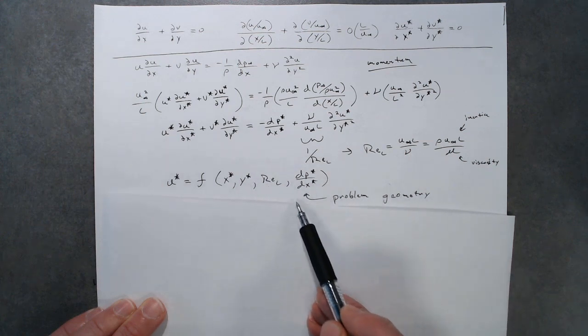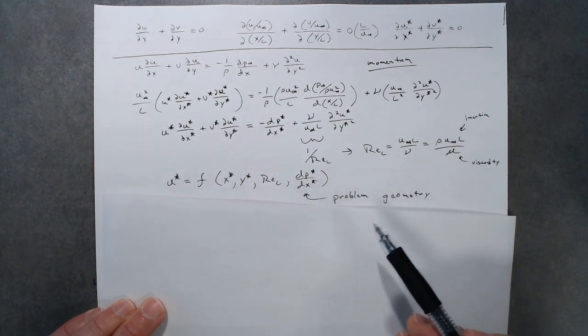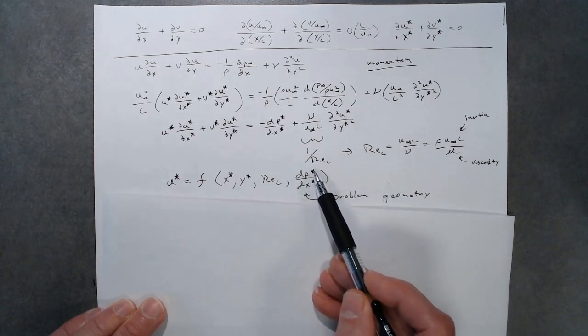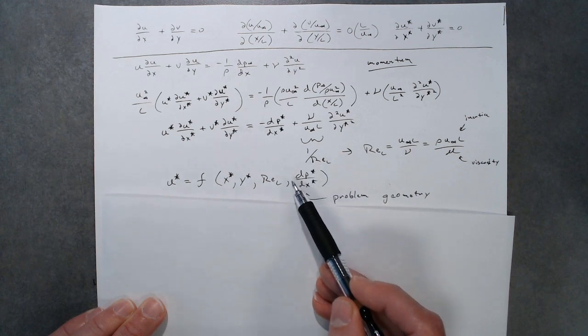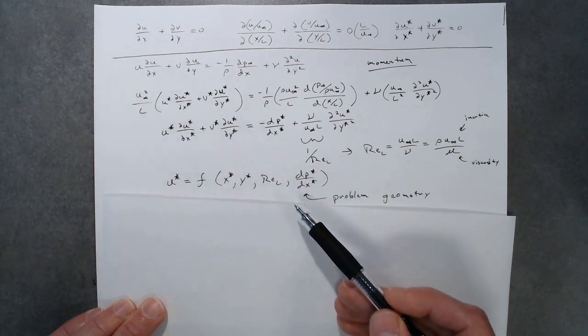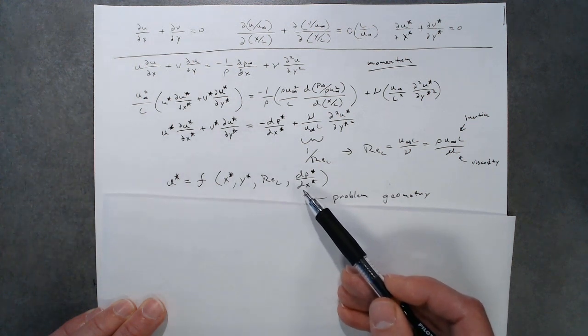Now the pressure gradient really is a function of the problem geometry. So if we were to fix the problem geometry, we know that this non-dimensionalized pressure gradient should remain the same if we fix the problem geometry and the boundary conditions for the problem, or at least the non-dimensionalized boundary conditions.